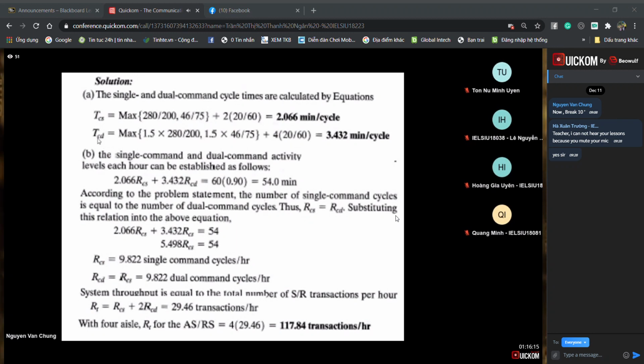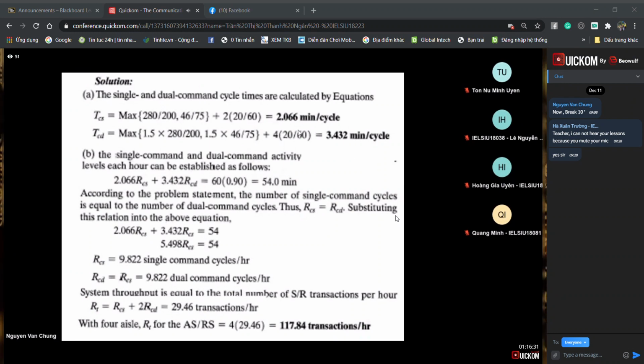And this is the cycle time for the combined command. Of course, you choose the maximum of the two. That's it.